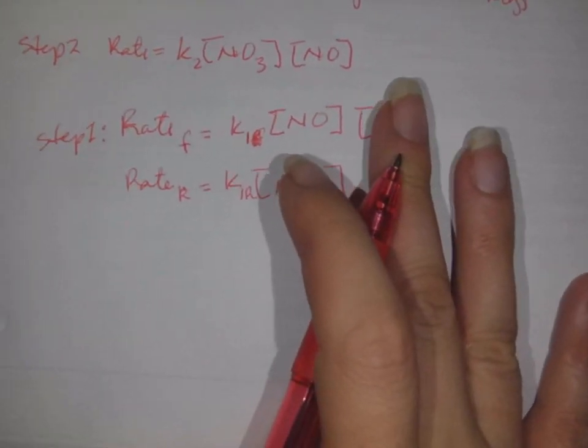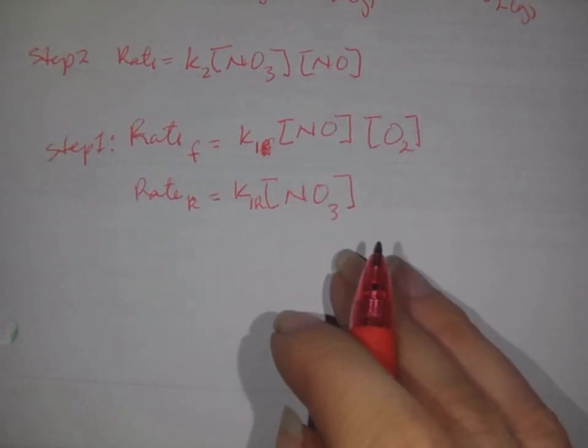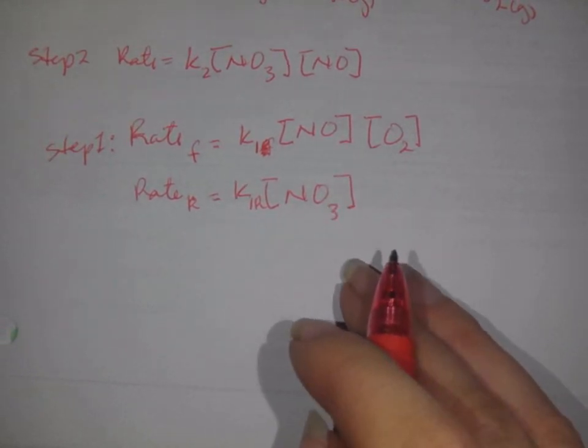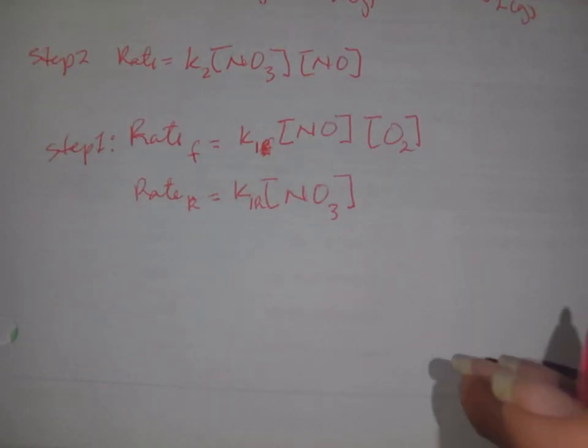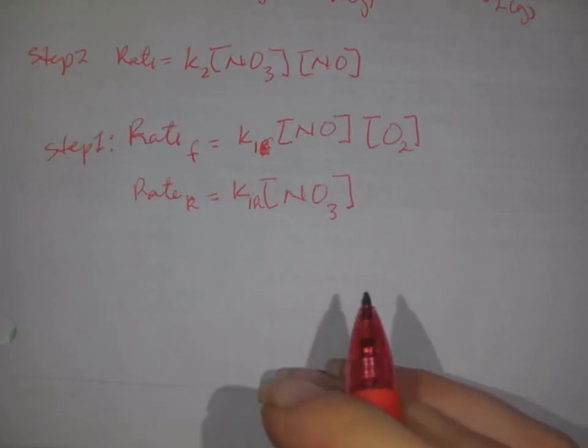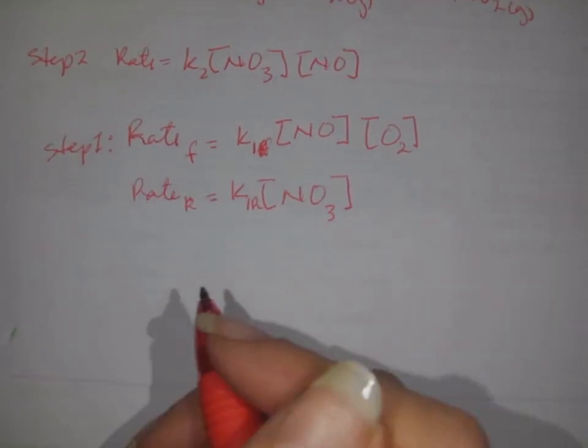So whenever you have a reversible reaction, the rate of the forward reaction is always equal to the rate of the reverse reaction. And so the rate of the forward is going to equal the rate of the reverse.